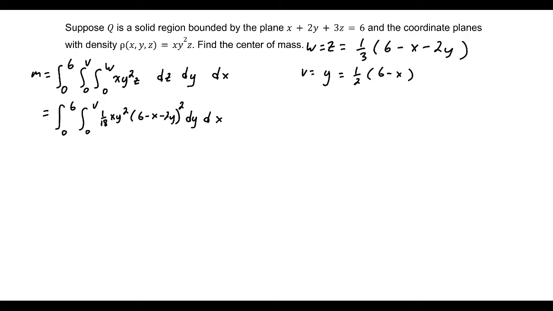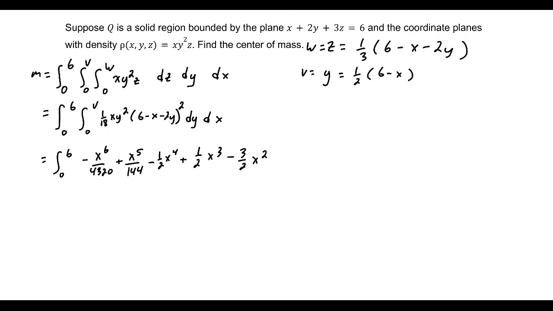Now, finding the antiderivative of that function with respect to y and evaluating that as well, this becomes the integral from 0 to 6 with respect to x of the function negative x to the 6th over 4,320 plus x to the 5th over 144 minus 1/12 x to the 4th plus 1/2 x cubed minus 3/2 x squared plus 9/5 x.